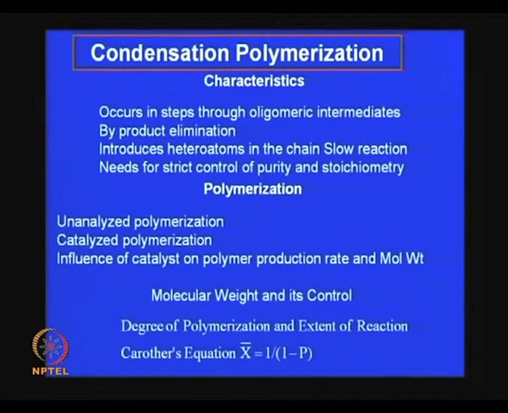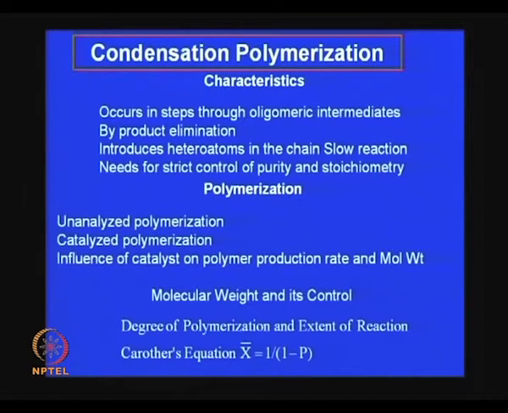Then, the influence of catalyst on polymer production rate and molecular weight. Is there an influence of catalyst on the production rate of the polymer? How fast it will be produced or not? We have to see. We have to theoretically calculate.